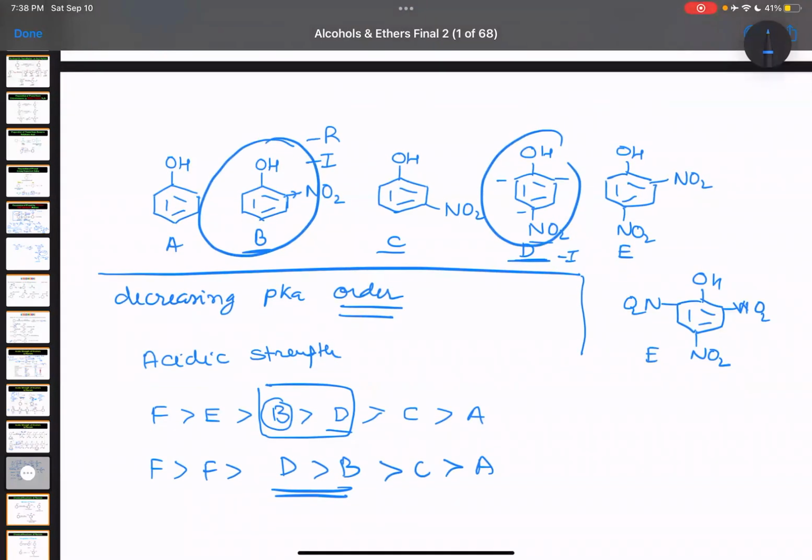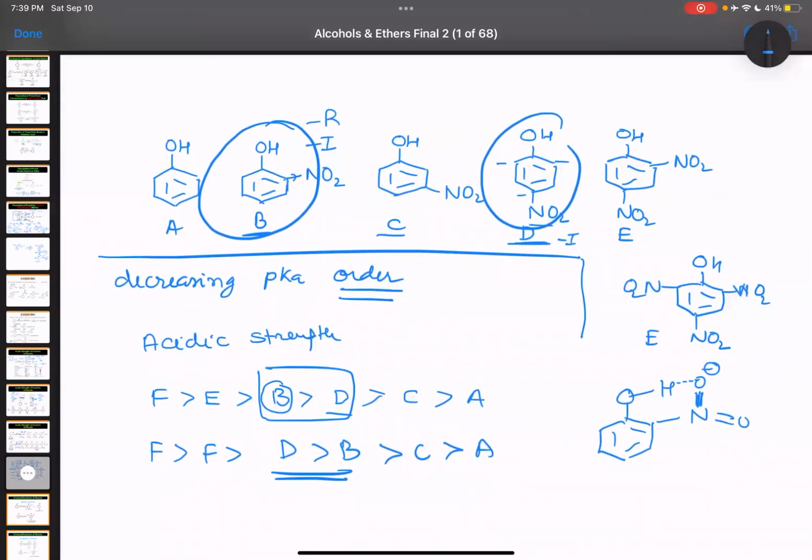But it is because of the intramolecular hydrogen bonding. In orthonitrophenol, the NO2 is very close to the OH. That will help the OH to come out. But there is one more thing preventing the H plus from coming out, and that is the hydrogen bonding.